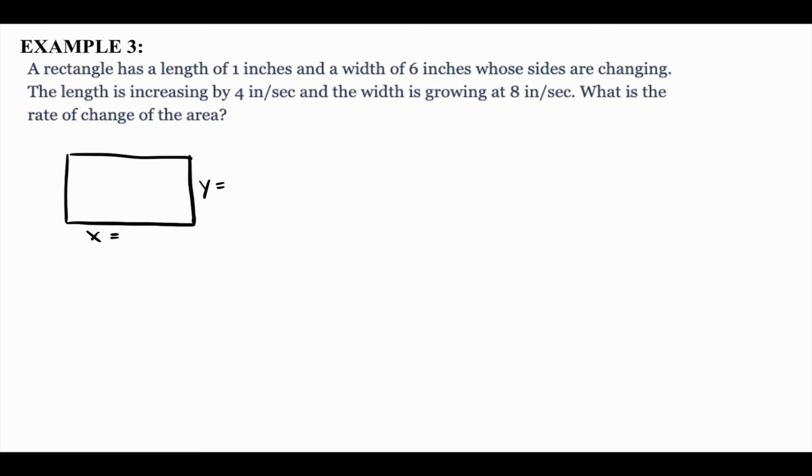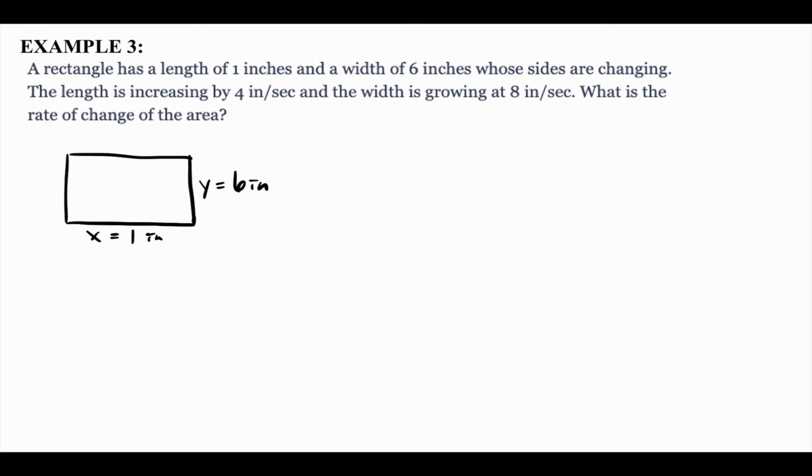So the length of the rectangle is 1 inch and the width is 6 inches. This is not to scale, but at least it gives me a little picture. If I wanted to draw it to scale, I could, but for right now, that's good. But their sides are changing as we speak.